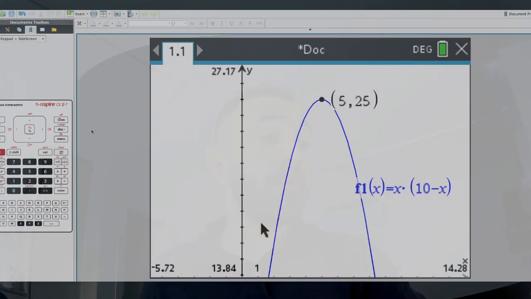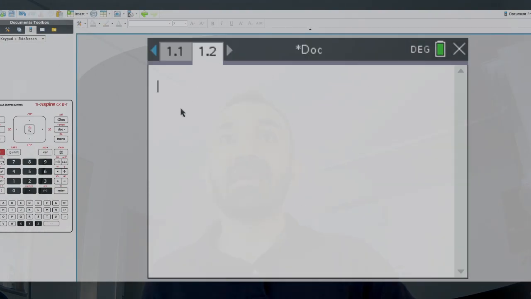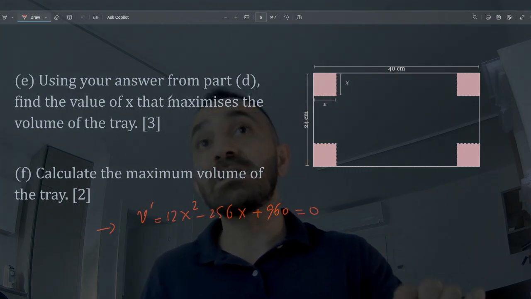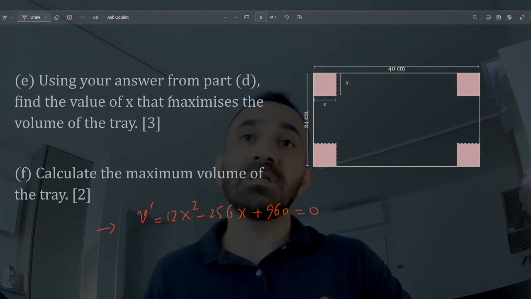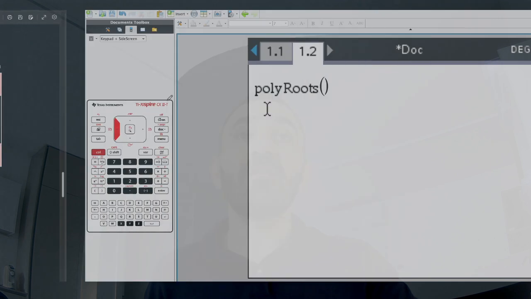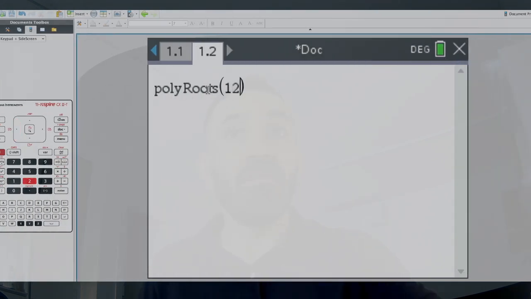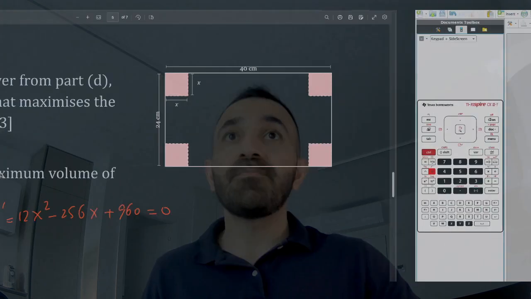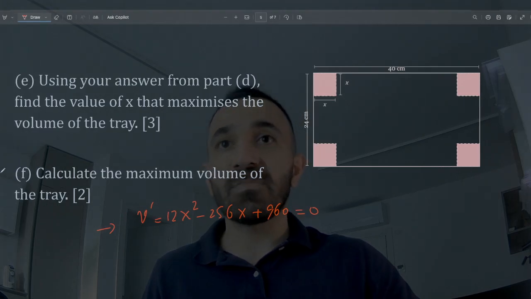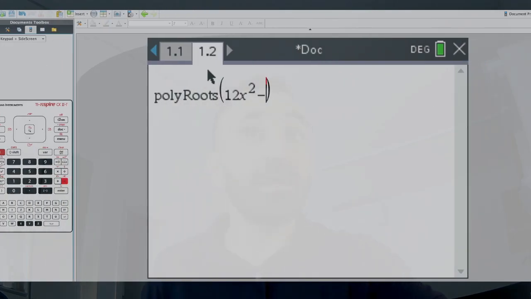You're going to make a new tab, add calculator. We're going to use polyroots. I hope you have used this function before. It's a way to find the roots of polynomial expressions or equations. 12x to the power of 2. Remember, answer this question: what is wrong with using numerical solve here? What is your answer?